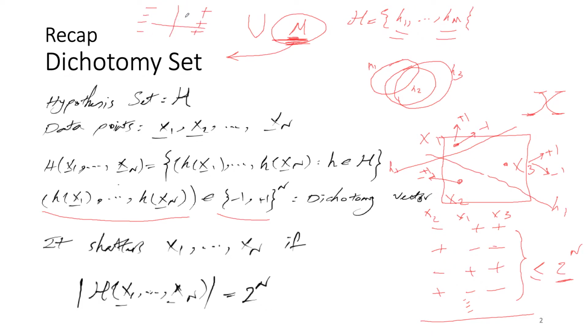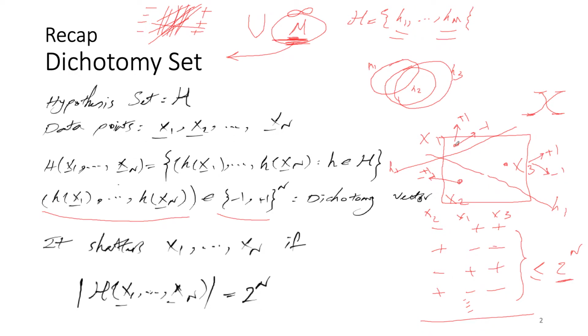In the case of the perceptron, you have an infinite number of hypotheses that you can use in order to successfully classify these two classes. So we saw that even for a simple example of the perceptron, in many cases m becomes infinite. So it doesn't give us a good upper bound for the complexity of the model that we want to have. That's why we thought about the dichotomy set.